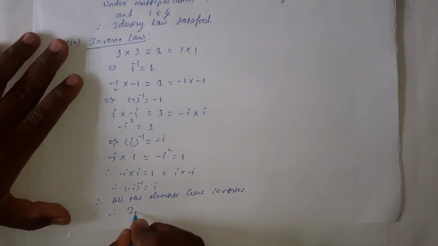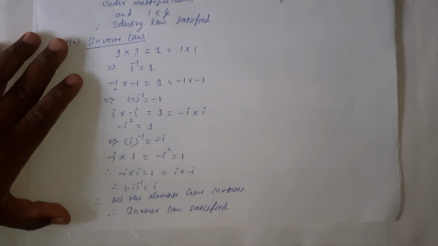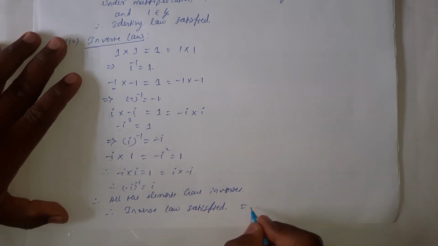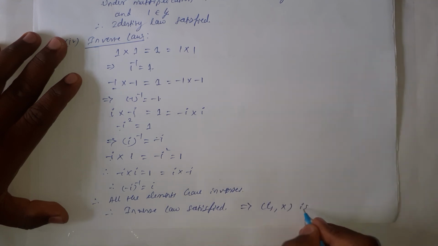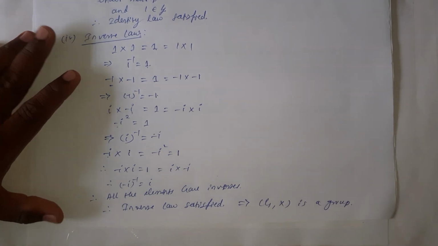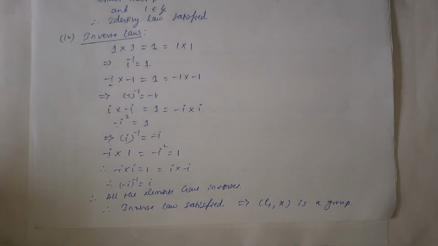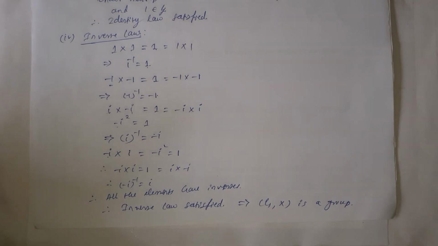Therefore the inverse law is satisfied, which implies that G is a group. Hence it is our conclusion, because it satisfies all the 4 properties which are necessary for a group. Therefore, it is a group under multiplication.